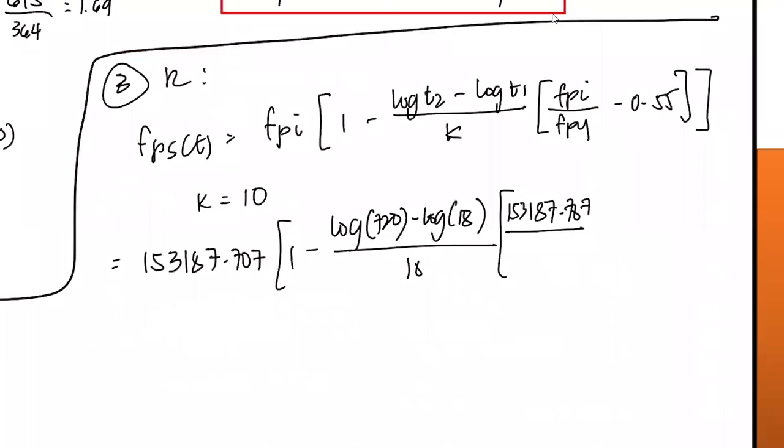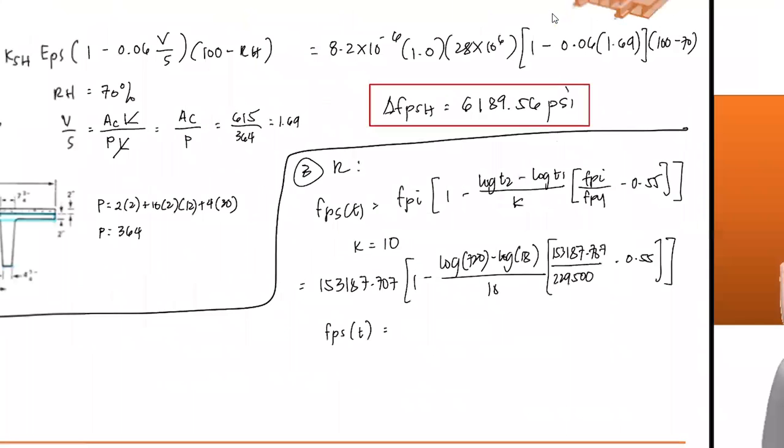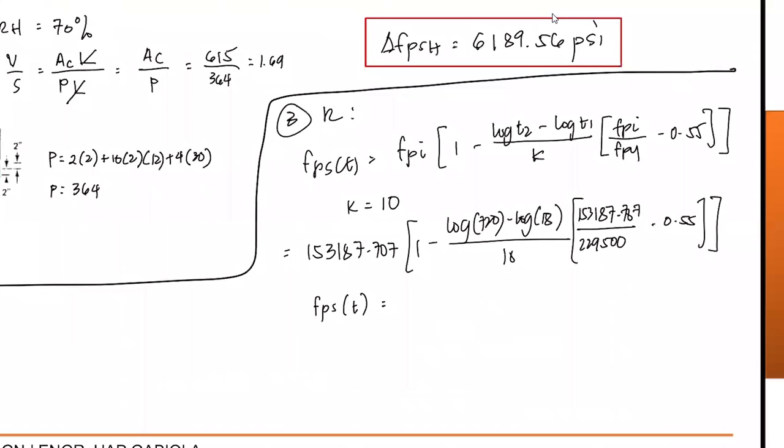Okay, so that is 229,500 minus 0.55. So yung ating loss due to yung ating estimated na value ng pre-stressing force is 153,187 times 1 minus logarithm of 720 minus logarithm of 18 all over 10, multiplied natin ng 153,187.707 divided by 229,500 then minus 0.55.